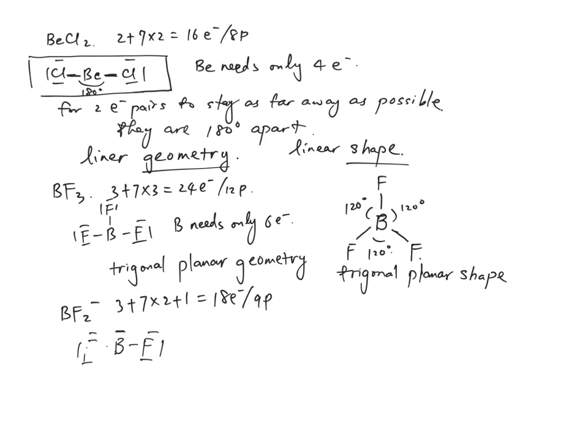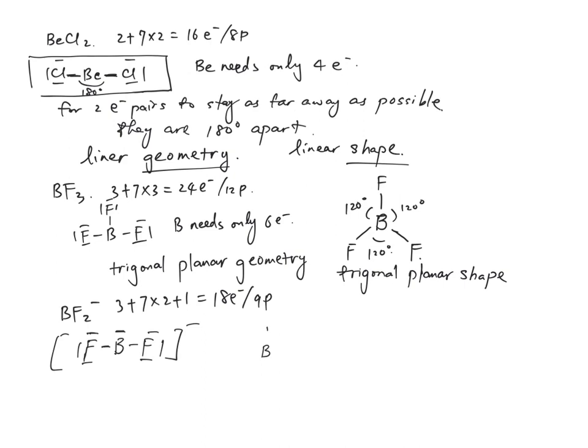So this is the Lewis structure, and of course we put brackets on and show the negative charge. This is the Lewis structure for BF2 negative. Now, what kind of geometry and shape does this one have? Well, you still have 3 pairs of electrons surrounding the central atom. That should be obvious to everybody.